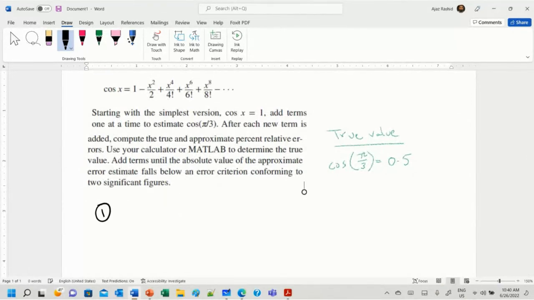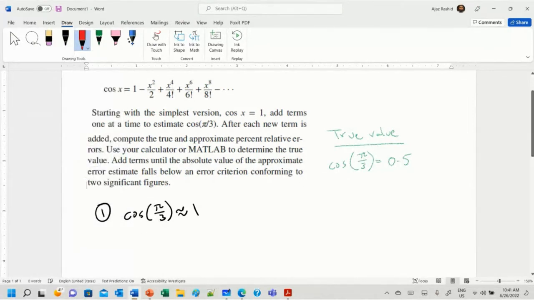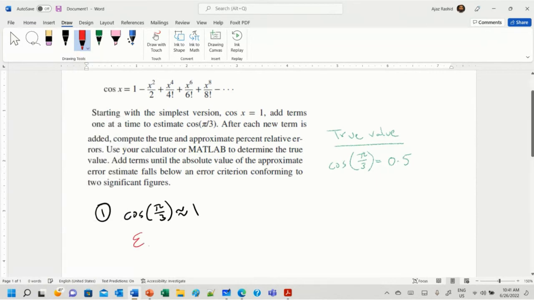So the first one, cosine of pi by 3 is approximately equal to 1, and the true error is the true value minus the approximate value divided by the true value, multiplied by 100%.